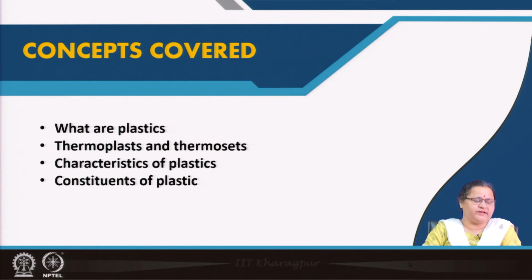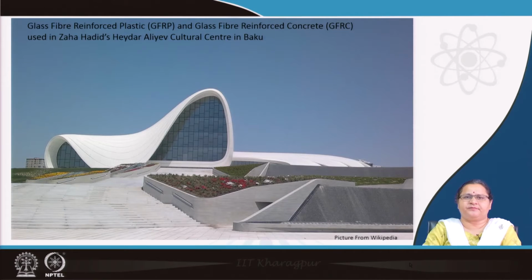But prior to moving there, we will see this huge structure by Zaha Hadid, which is of glass fiber reinforced plastic and glass fiber reinforced concrete, a mix of it. It is Haidar Aliyev Cultural Center in Baku.